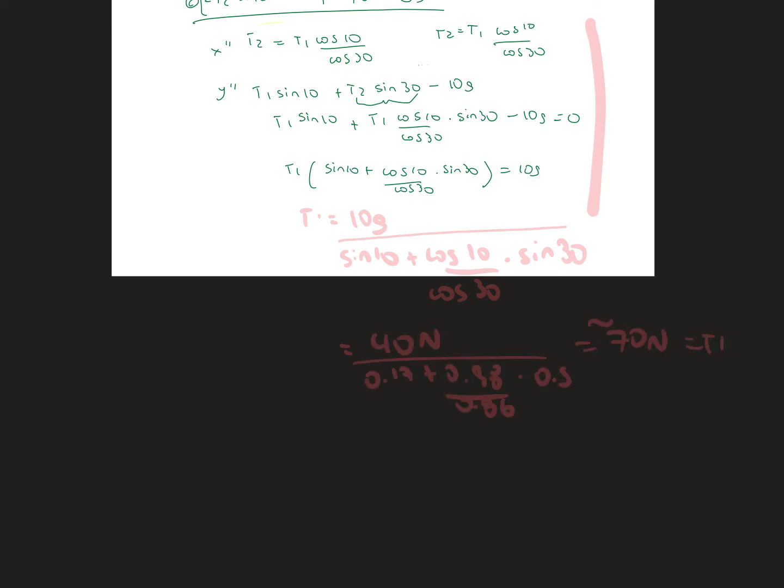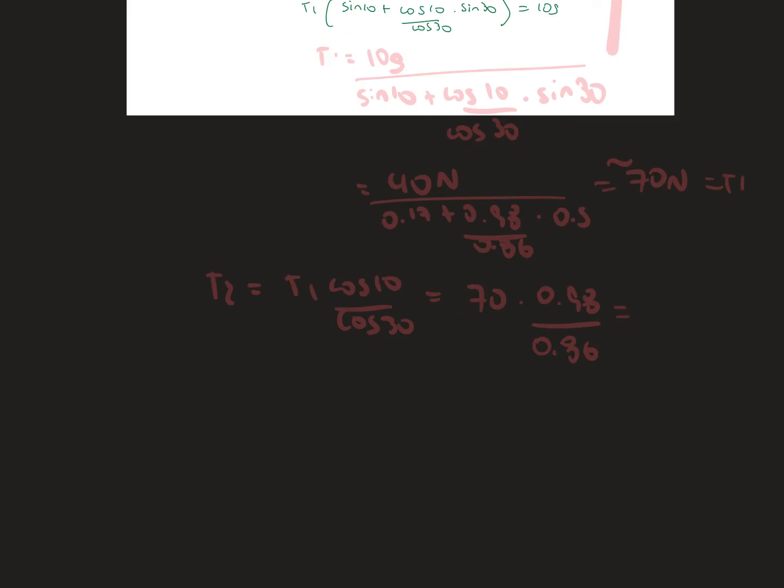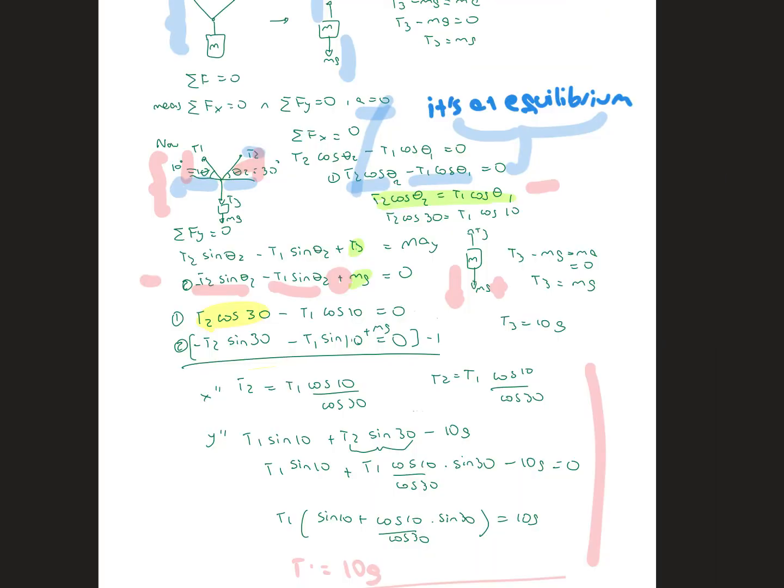Thus we would have 70 newtons for T1. Then we just need to find T2. Therefore, we will have 79 newtons as we plug in the values in here. Lastly, we were given that T3 was already 40 newtons. And that's how we get the problem done.